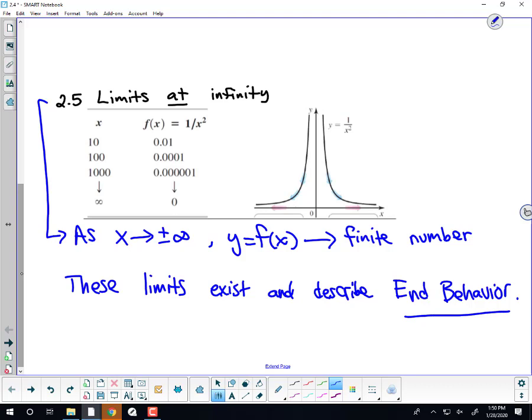All functions have an end behavior, even if they sort of taper off to infinity, that's still descriptive. If I'm way out here on this function and it approaches infinity, that's fine. I know way out here that the function's pointing up, or I know way out here that the function's pointing down. So we can describe end behavior.